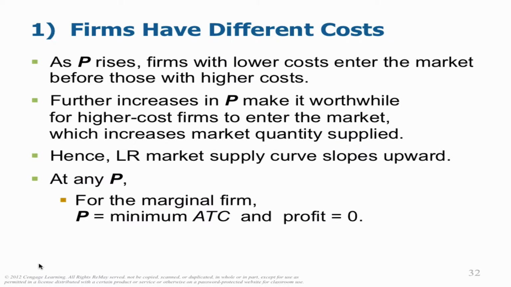At any price for a marginal firm, price is going to equal their minimum average total cost, and profit has to equal 0. If they're not there, they're not in the business. If their profit is not 0, they're not going to stick.